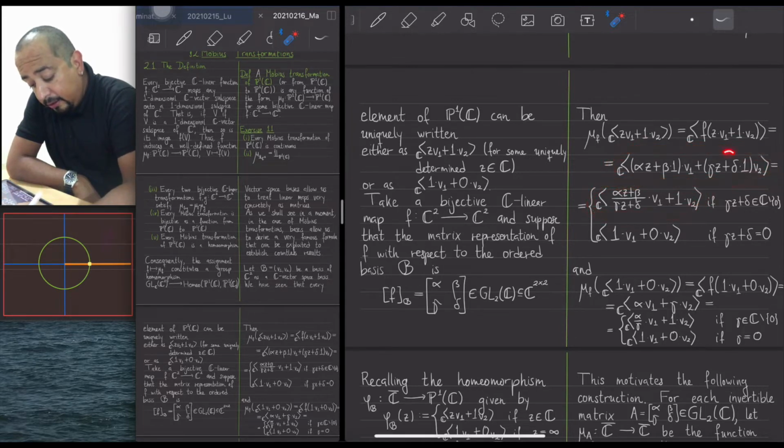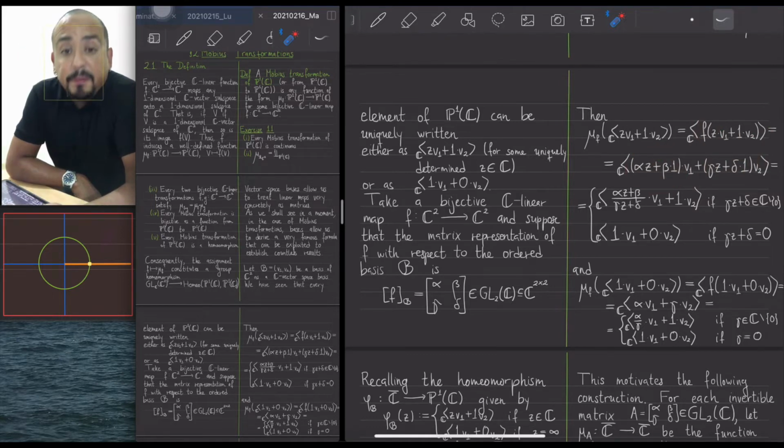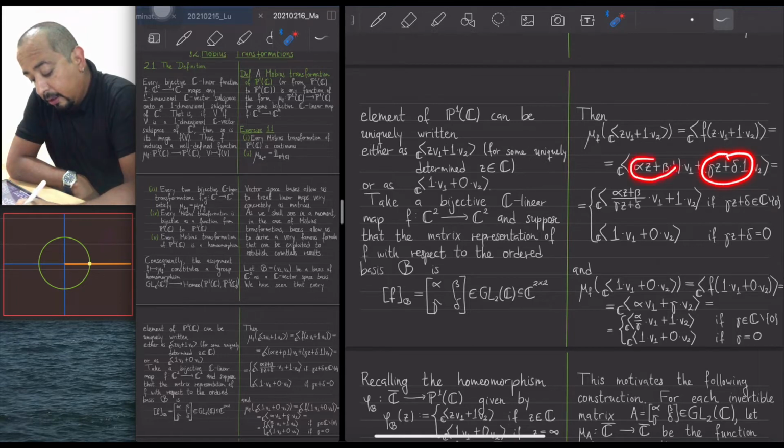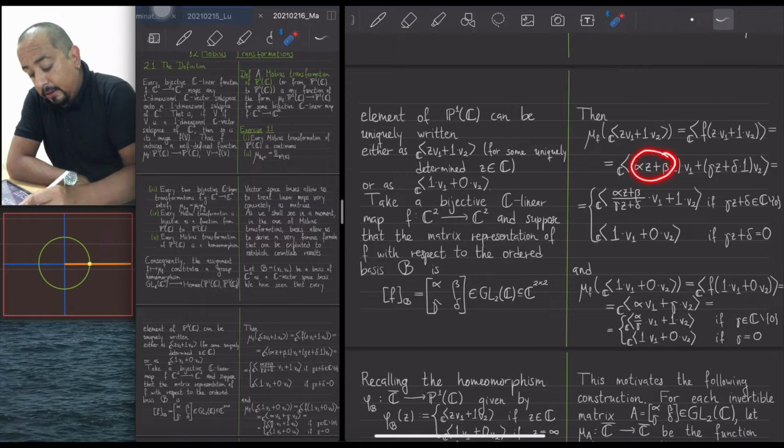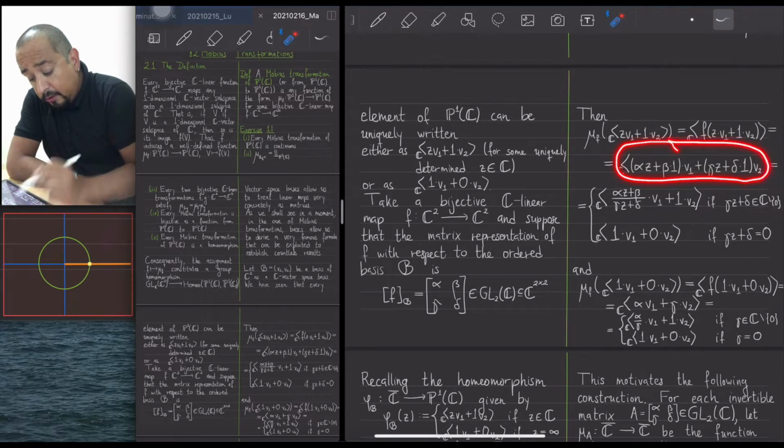And if it is 0, then this other one cannot be 0. Why? Because if both of them were 0, then we would have that f of this non-zero vector would be the 0 vector, but f was bijective. So if this one is 0, then this one cannot be 0, and then we can divide by it. And when we divide by it, again, the vector itself may change, but the vector subspace does not.